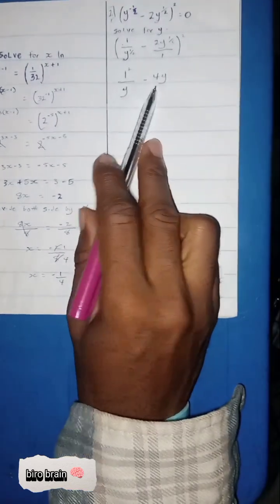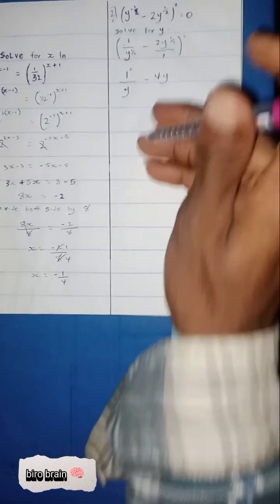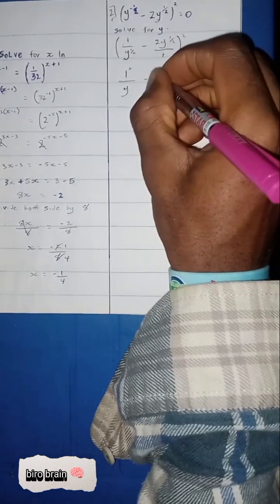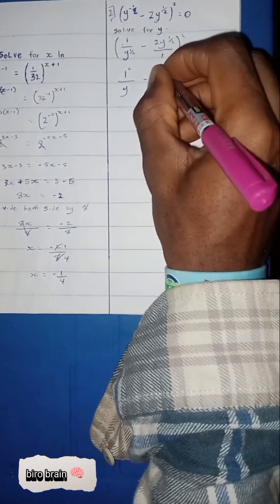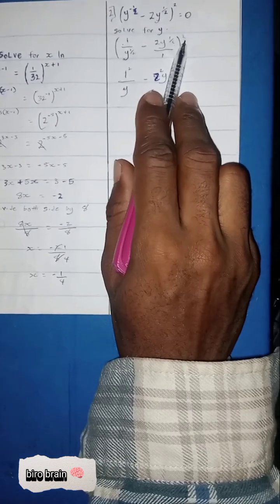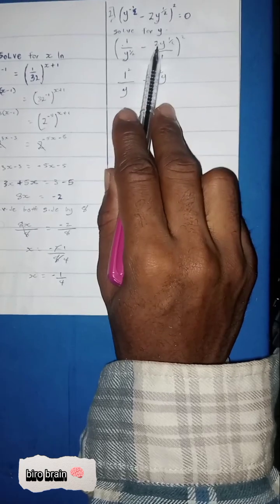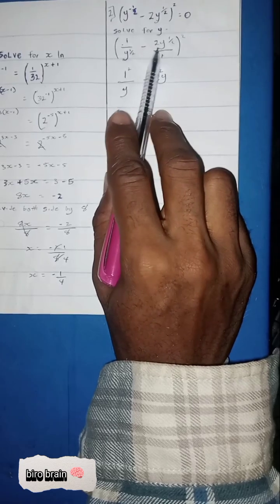Now why are we having 4? Let's take it step by step so you don't get confused. We're also having this 2 square. This square at this place is for this 2 and it's for this y.